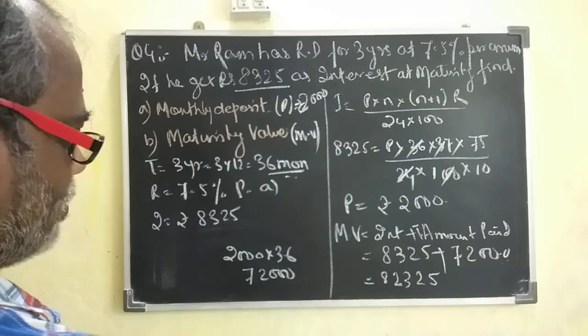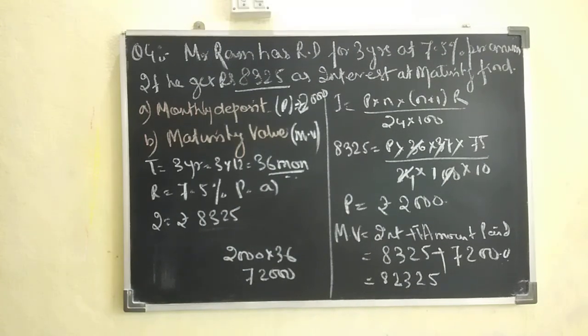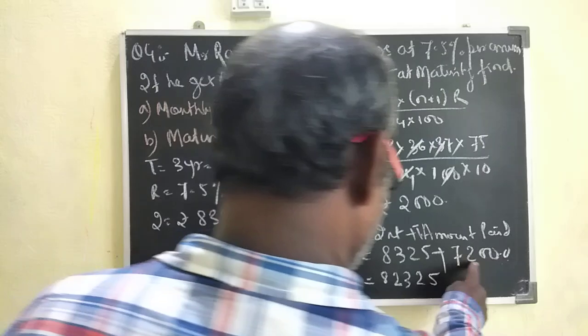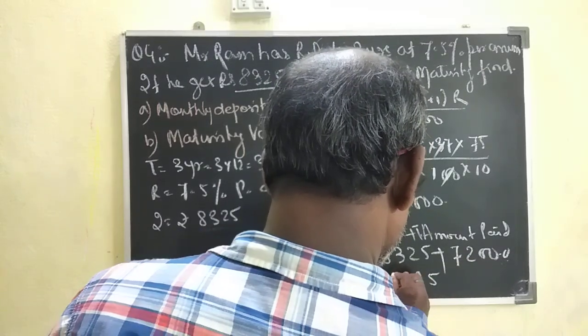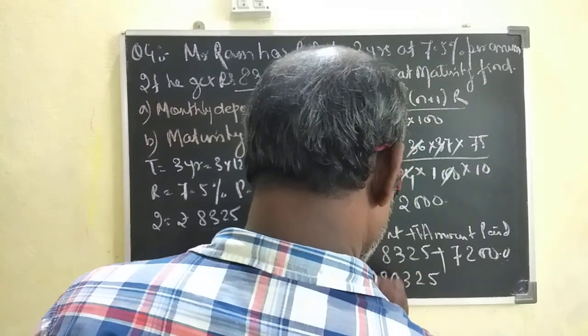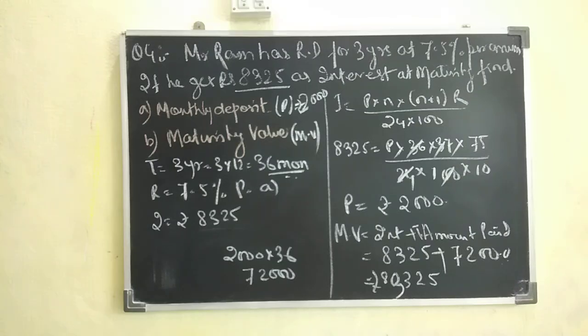So we are getting maturity value equals rupees 80,325.